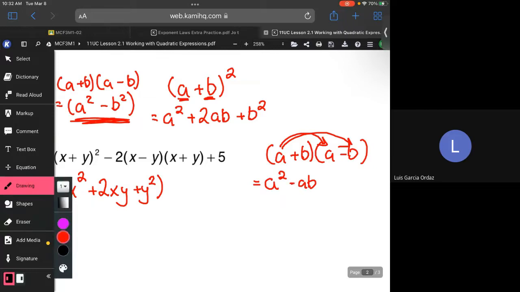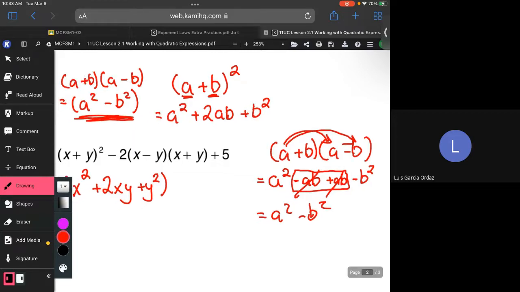What's positive B times A? AB. And what's positive B times negative B? Minus B squared. So what do you notice about the two middle terms here? So it just becomes A squared minus B squared.